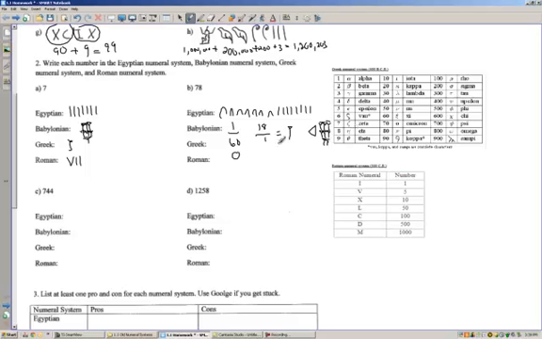It's sort of like an N. And so we write eta next to it. Right, so that's 78 in the Greek numeral system. And finally, for the Roman numeral system, we can just do a 50, right? So we write an L. And then 20 will get us to 70, so we can write XX. And that's 20. And then we need 8, so VIII. And so there it is in the Roman numeral system.